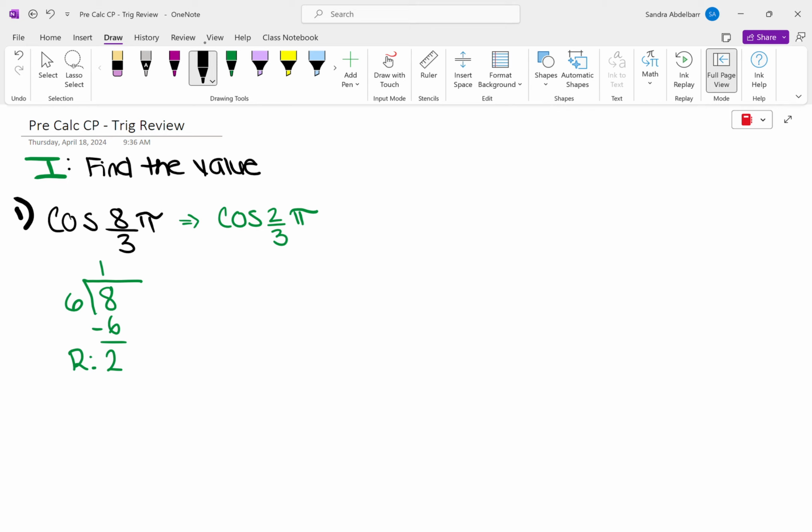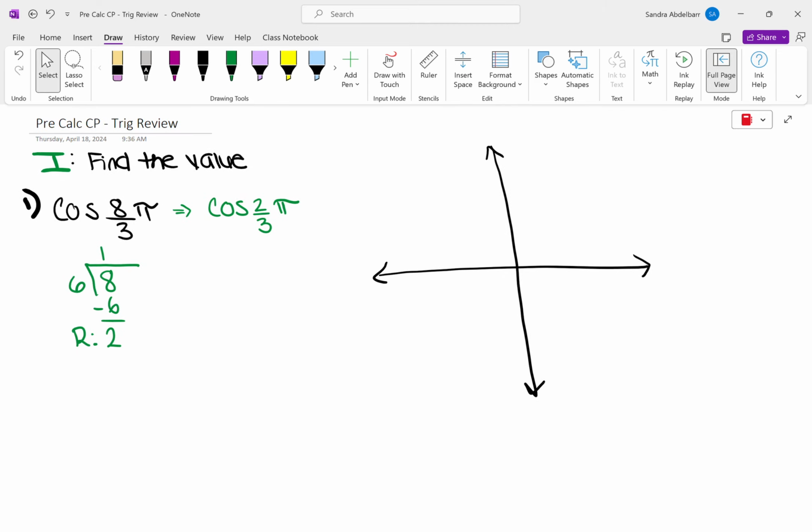Now we want to set up our circle or our axes, and I want everything to have the denominator of 3 if possible. The first time I'll write out our normal reference angles. So this is 0, this is 2 pi, this is pi over 2, this is pi, and this is 3 over 2 pi. But now I want to make everything have the same denominator as the angle in the problem.